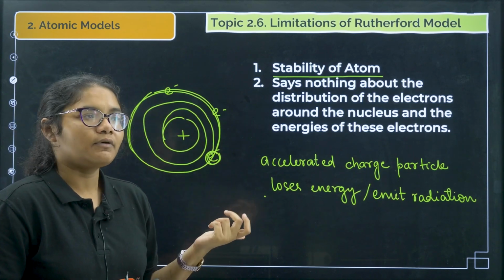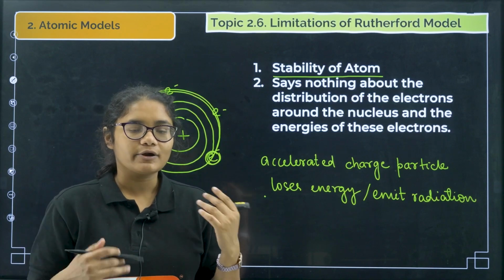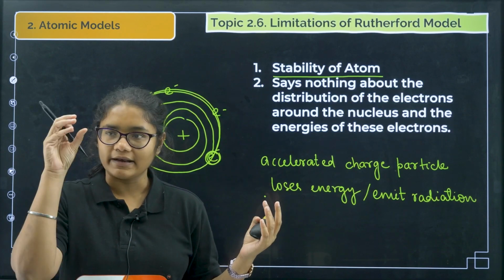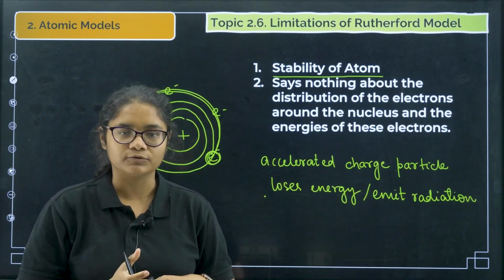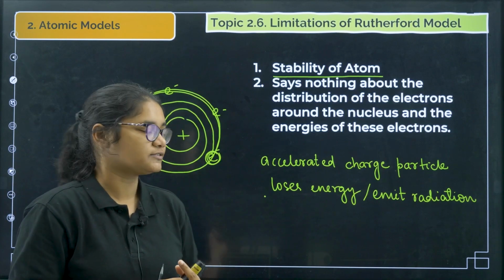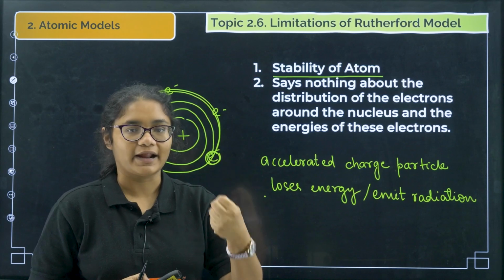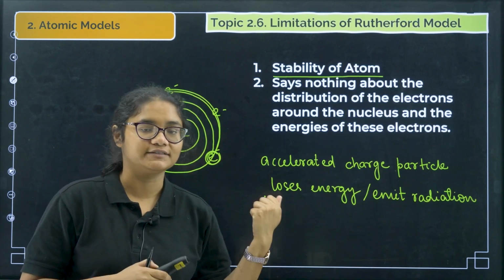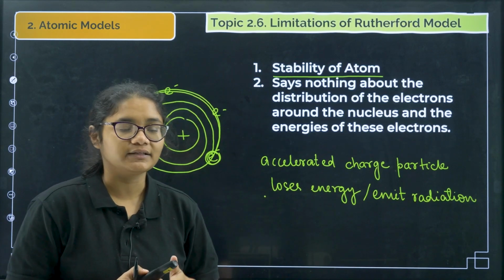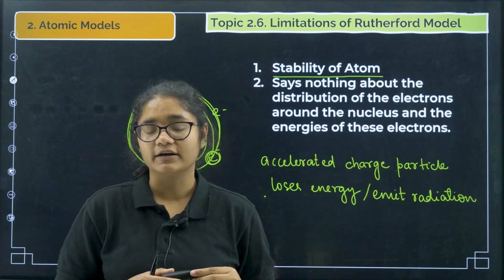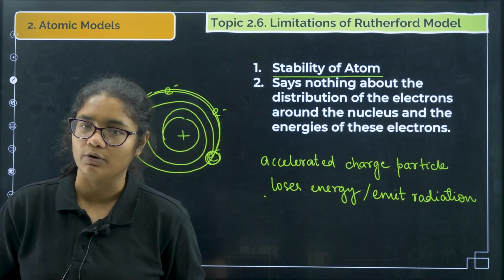One may ask, why not consider that the electrons are not moving, let the electrons be stationary at their positions. If we talk in that way also, due to the force of the nucleus, the nuclear attractive force, these electrons will fall inside the nucleus. That is why the stability of the atom was not explained well by the Rutherford model.